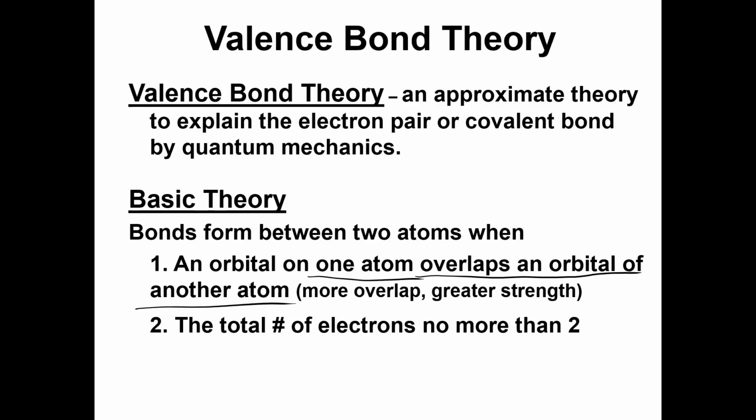So we usually look at the central atom, so if we had methane, we look at carbon. You can look at hydrogen too, but hydrogen is just 1s and 1s and makes a sigma bond and we're done. But it's the carbon that we need to explain a little bit better.